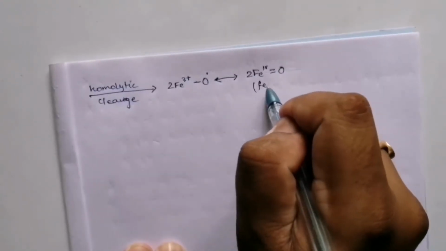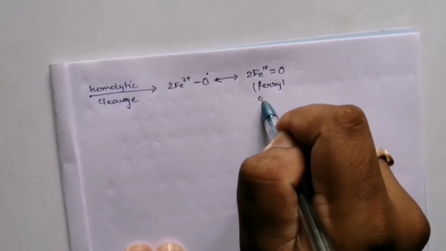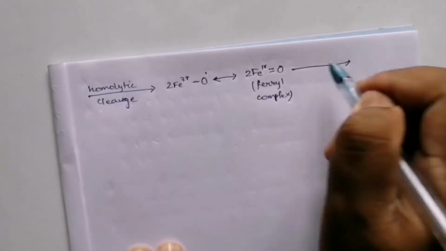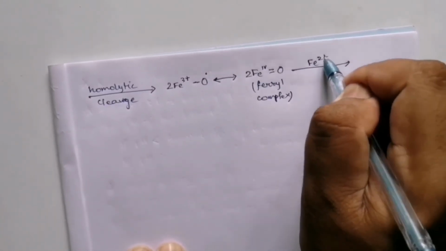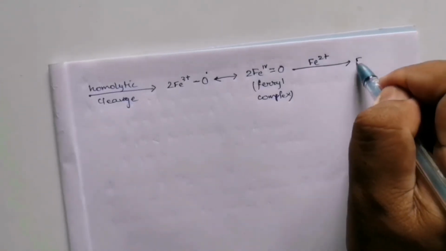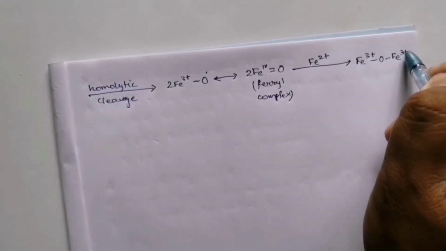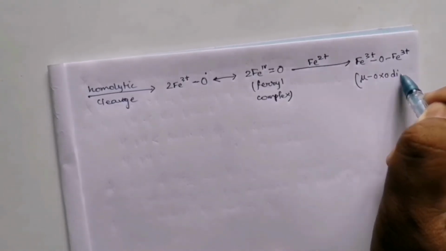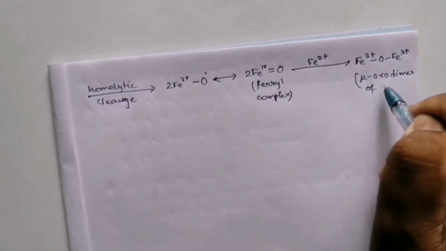This is a ferryl complex, and finally when it interacts with one more ferrous ion, it gets converted to a mu-oxo-dimer of ferric ions.